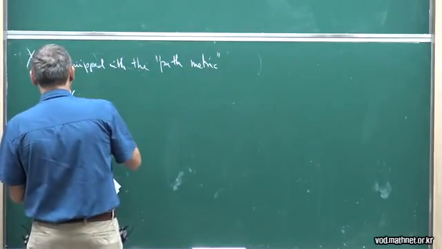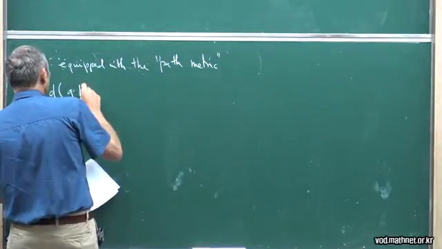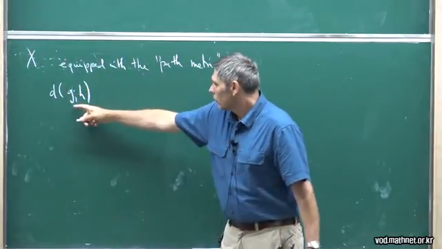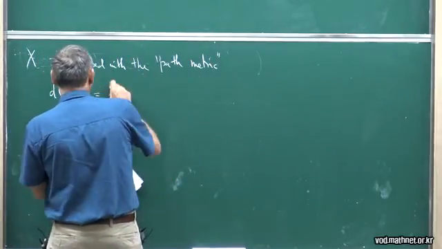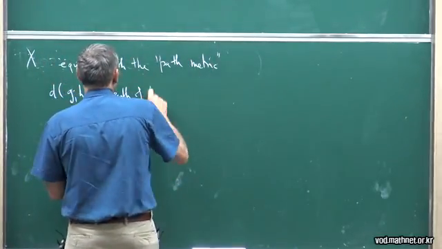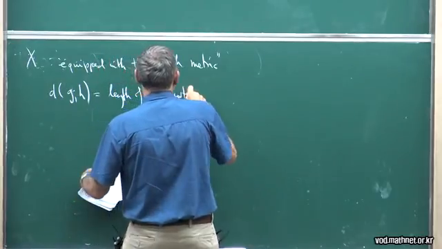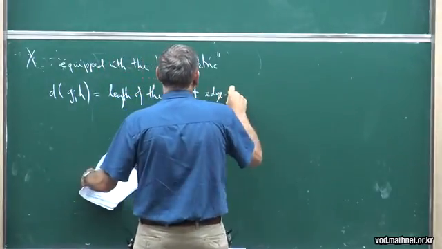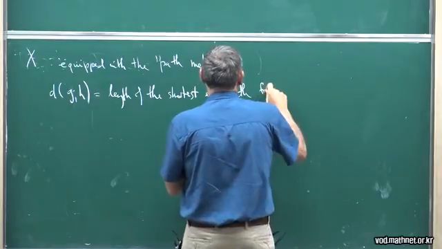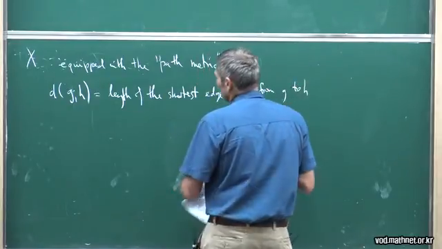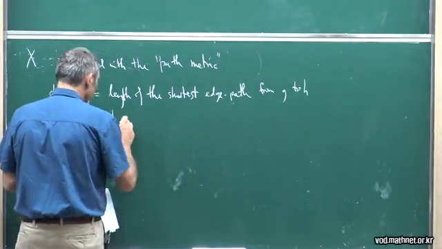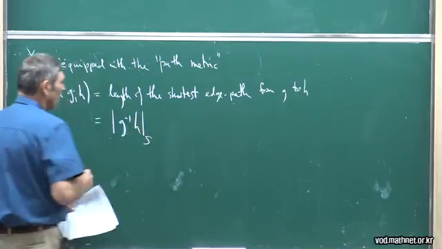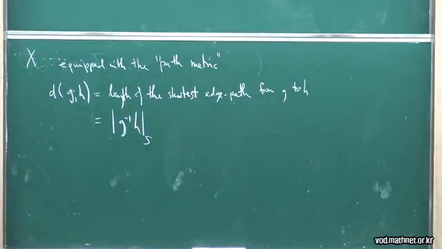So the distance between, let's say, g and h, two elements, two vertices represented by the group elements g and h, this is going to be the length of the shortest edge path from g to h. And this is really the same thing as the norm of g inverse h. This is the norm with respect to this generating set S.